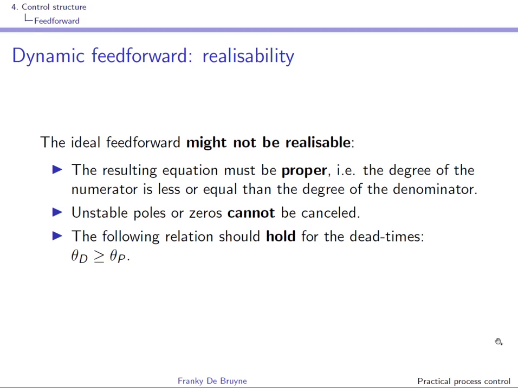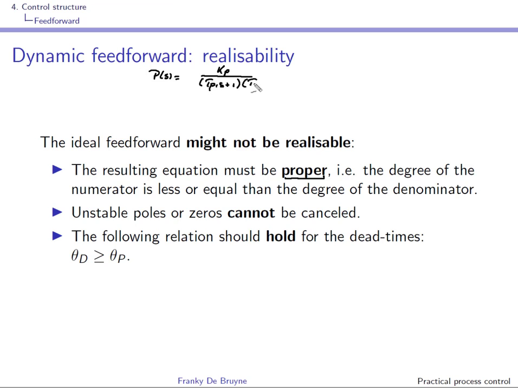In order for the ideal feed forward to be realizable, the resulting feed forward equation must be proper. This means that the degree of the numerator is less or equal than the degree of the denominator. Let us take an example. Assume that we have a second order system, and this is really the input-output transfer function.